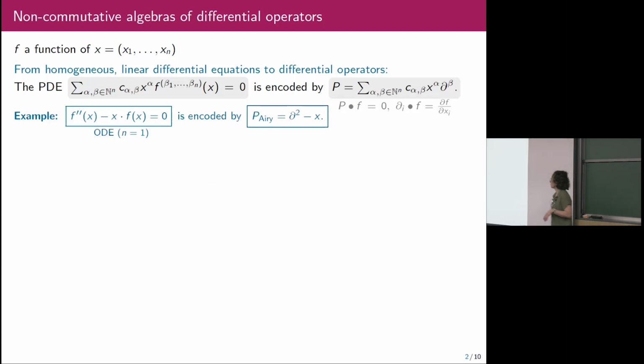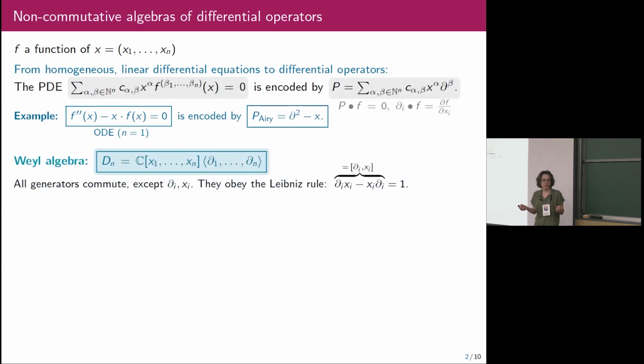Just as an example, if you look at Airy's differential equation, it's an equation where one observes Stokes' phenomenon. This would be encoded by d squared minus x. And now if we collect all these differential operators in a set, this gives a C-algebra, in particular also a ring.